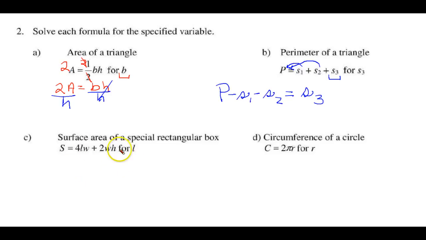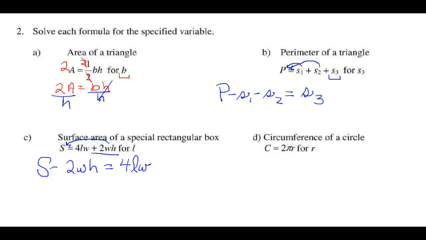All right, here we want to solve for the letter L, which is right in there. So, again, the first step would be to transpose this to the other side, and it just becomes a negative 2WH equals 4LW.